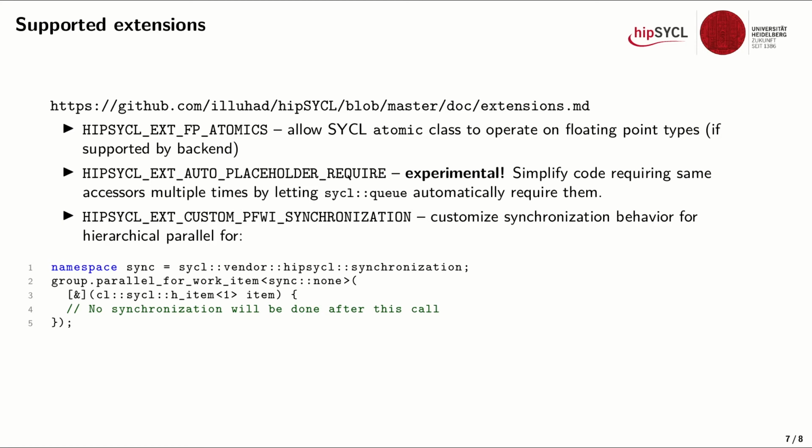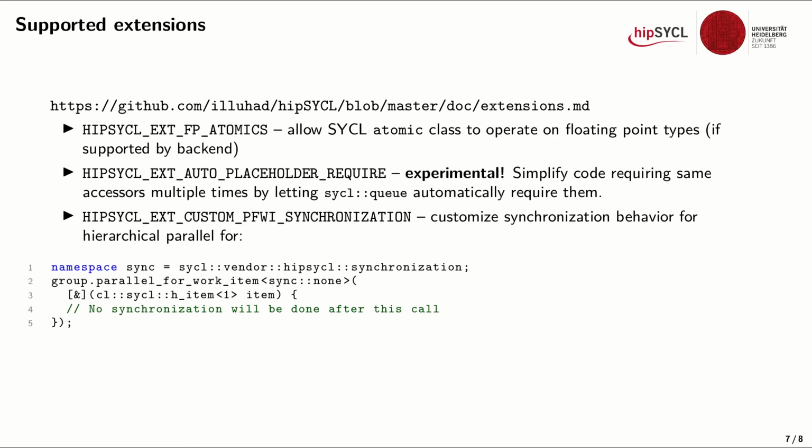And then there's the custom parallel for work item synchronization extension, which allows the user to customize the behavior of this hierarchical parallel for with respect to synchronization. The SYCL specification requires that at the end of a parallel for work item, a barrier must be executed.